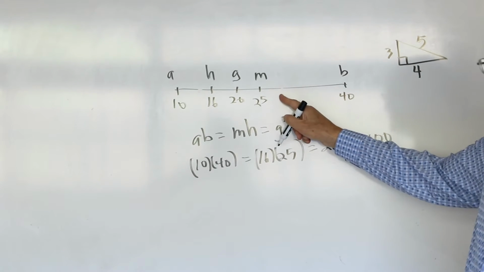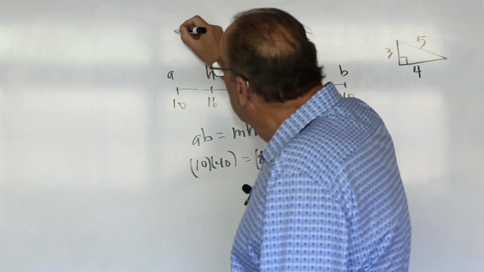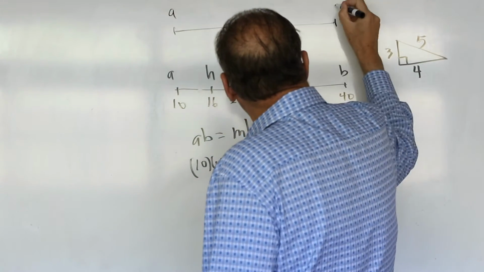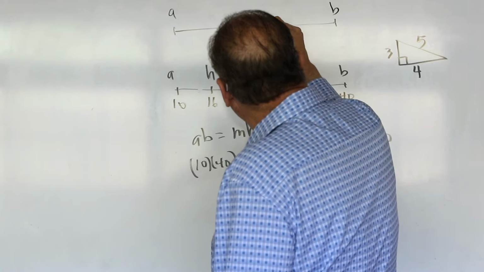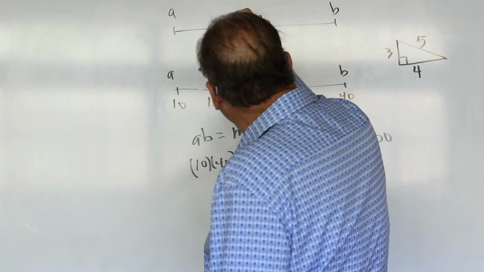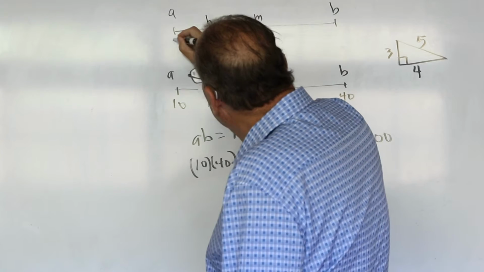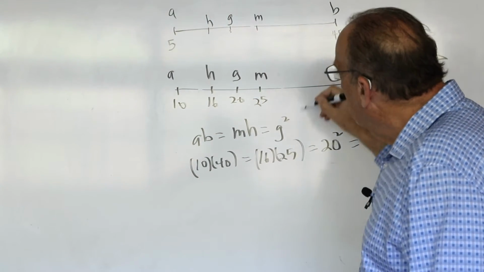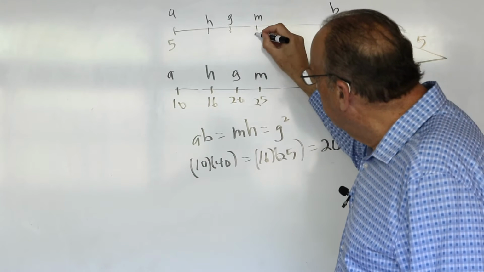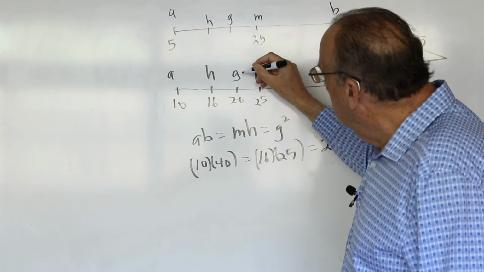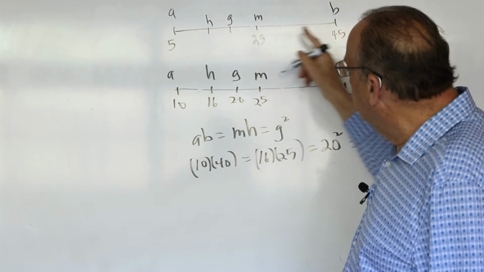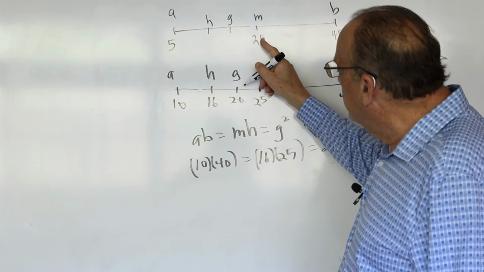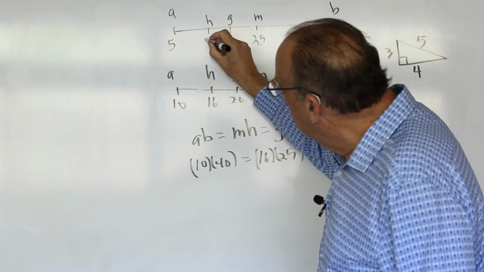So this example has a partner. Five times 45 has an arithmetic mean of 25 also. And 5 times 45 is 225. And that is equal to 25 times 9.